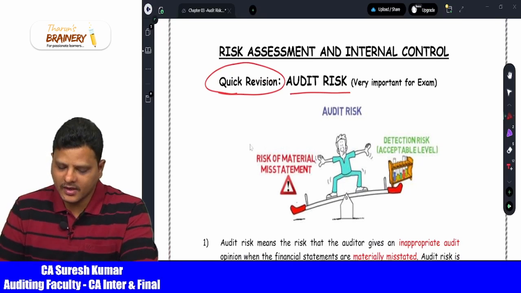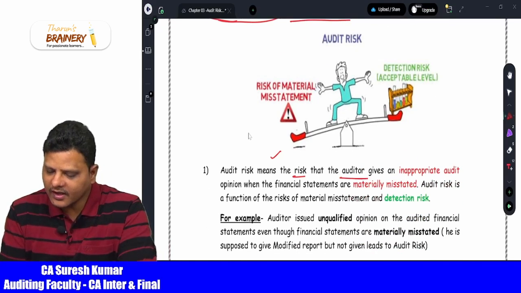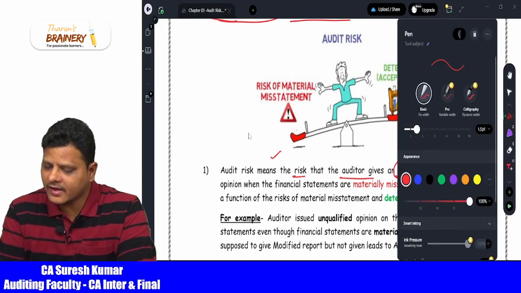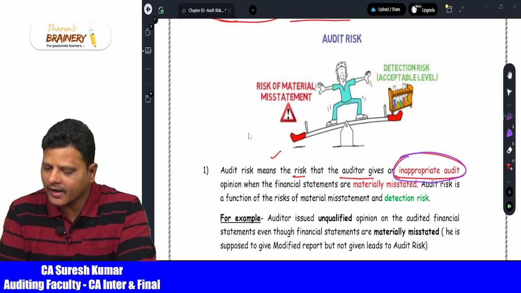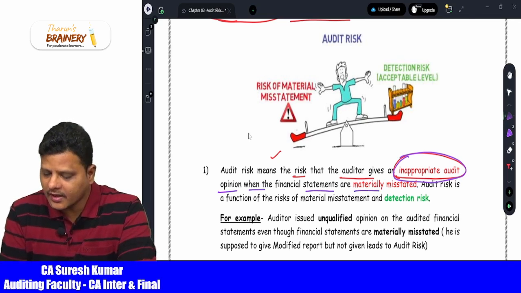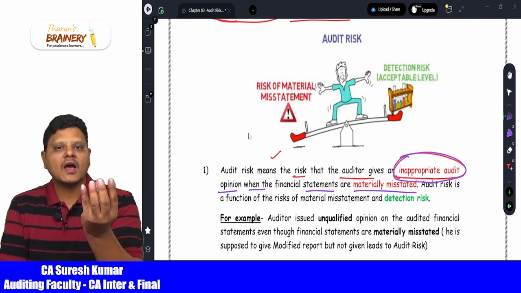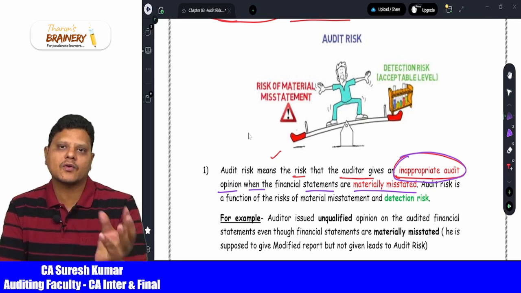Now audit risk means the risk that the auditor gives an inappropriate opinion on the financial statements. Listen very carefully my dear friends. The auditor gives an inappropriate audit opinion when the financial statements are materially misstated. What does it mean? When the financial statements have errors and frauds, the auditor says there are no errors and frauds.